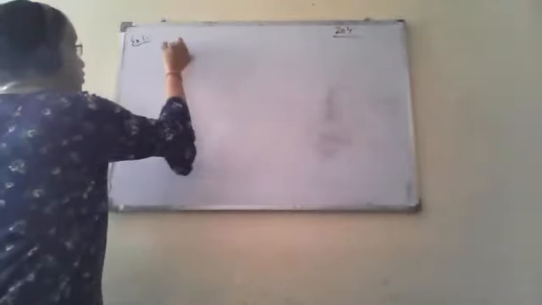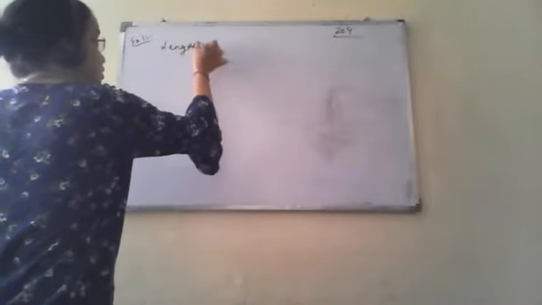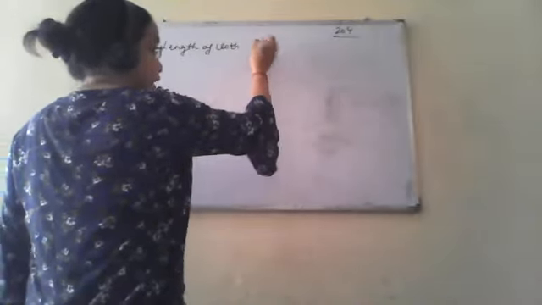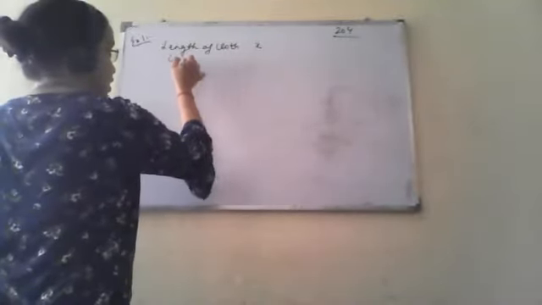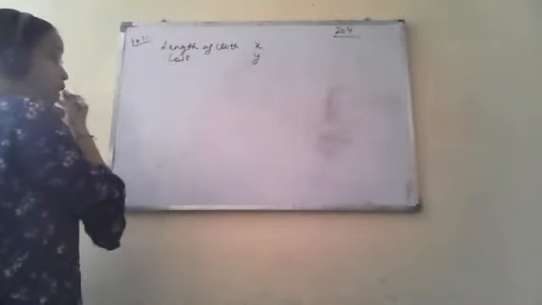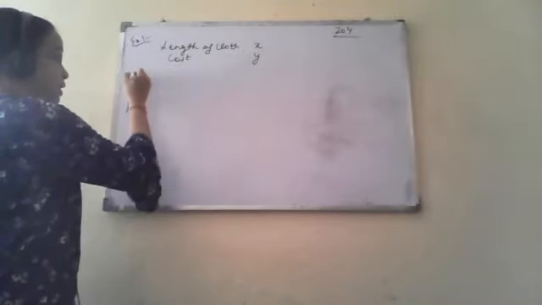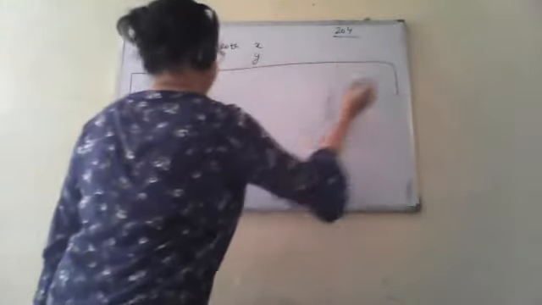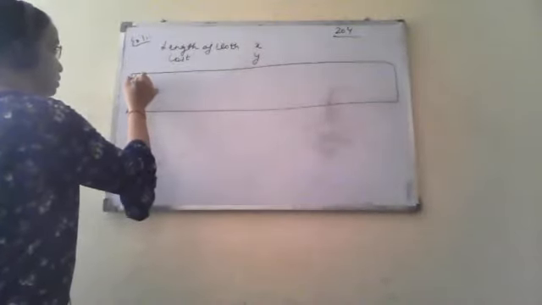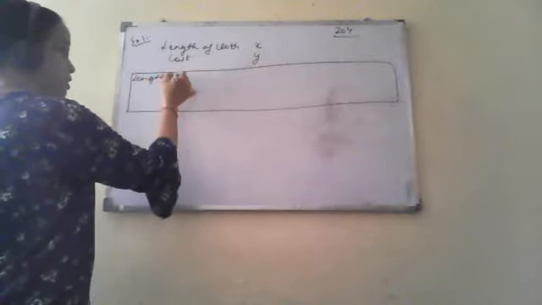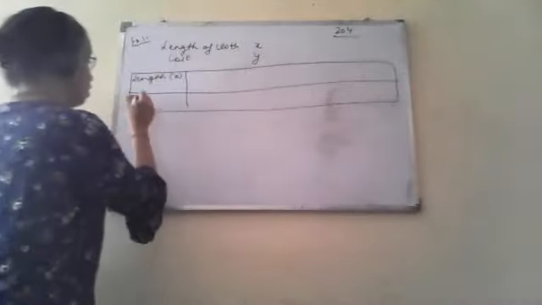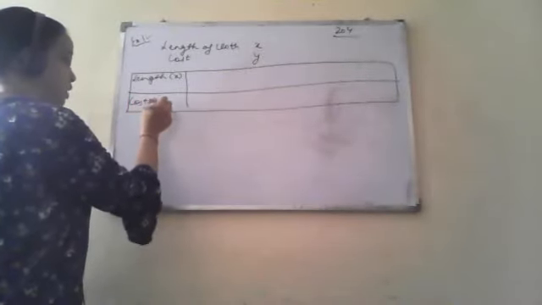Now we have length of cloth and we can take it as x, and cost we can take it as y. Now we have to tabulate, okay. So we can make a table. Here I am simply writing length, that is denoted by x, and we have cost, that is y.